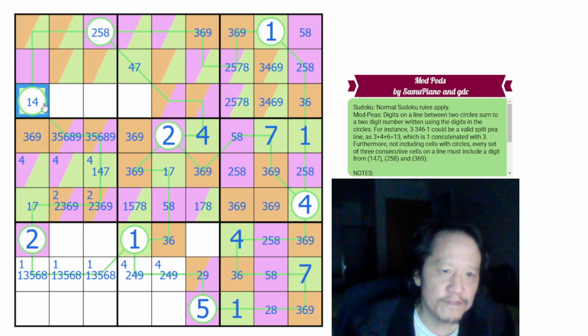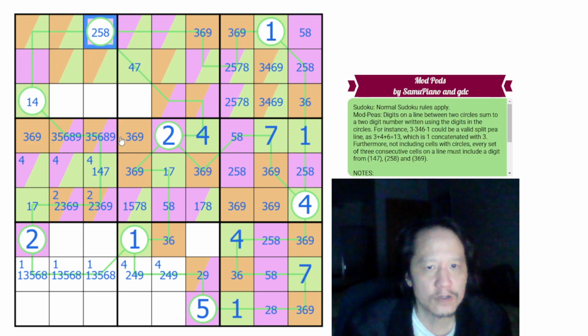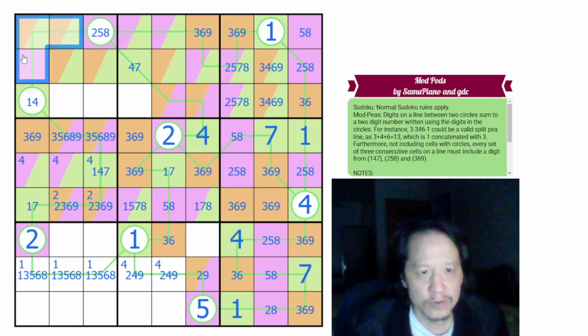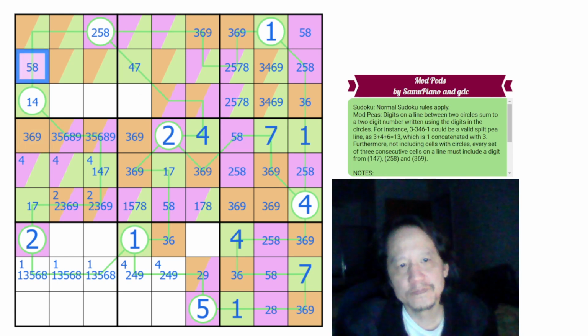If this is 24, it could add up to 24. And if it's 21 here, this could add up to 15 or 12 or 18. All of those work. It just can't be 27, because then this would add up to 27, and that's not possible. So this is 5 or 8.